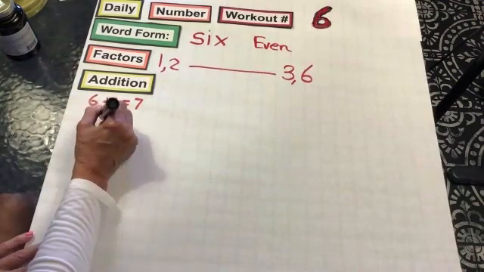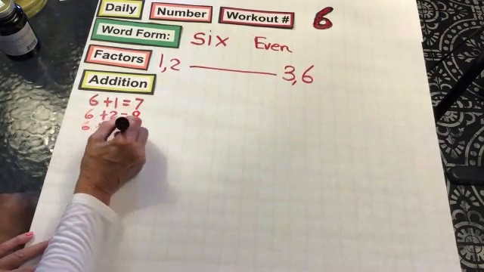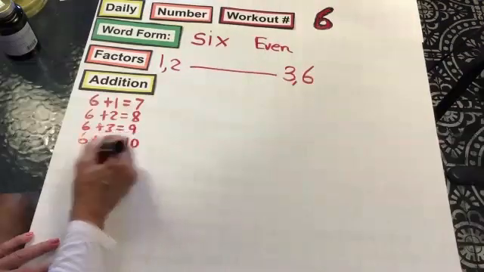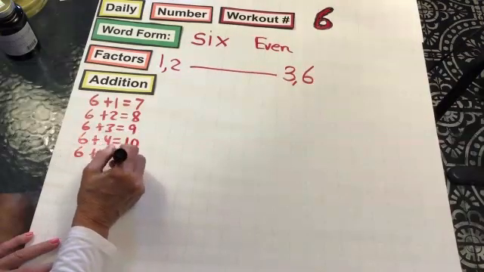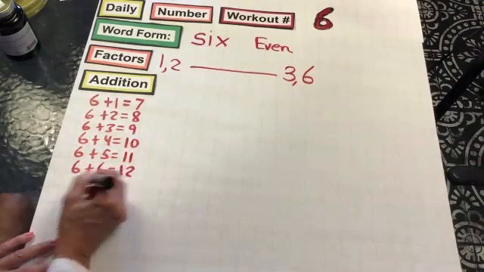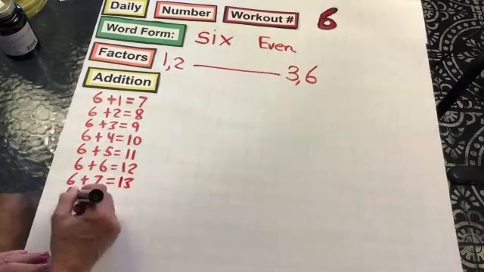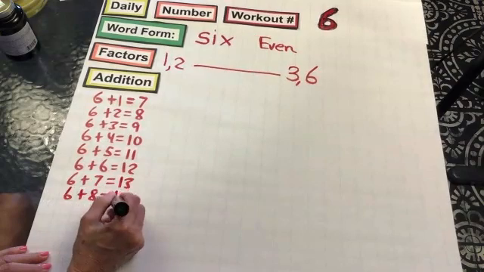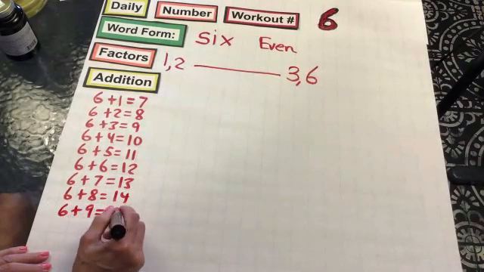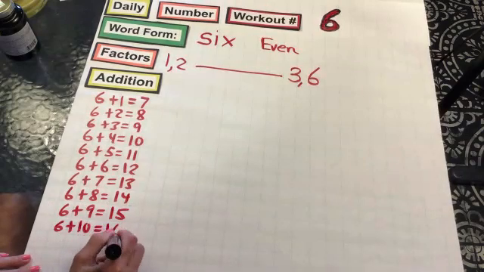So 6 plus 2 equals 8. 6 plus 3 equals 9. 6 plus 4 equals 10. 6 plus 5 equals 11. 6 plus 6 equals 12. 6 plus 7 equals 13. 6 plus 8 equals 14. 6 plus 9 equals 15. 6 plus 10 equals 16.